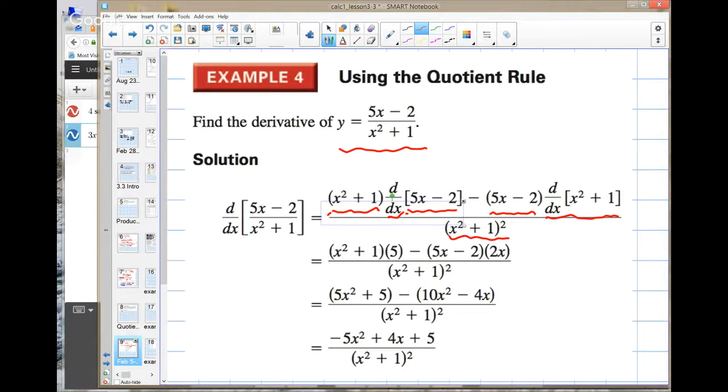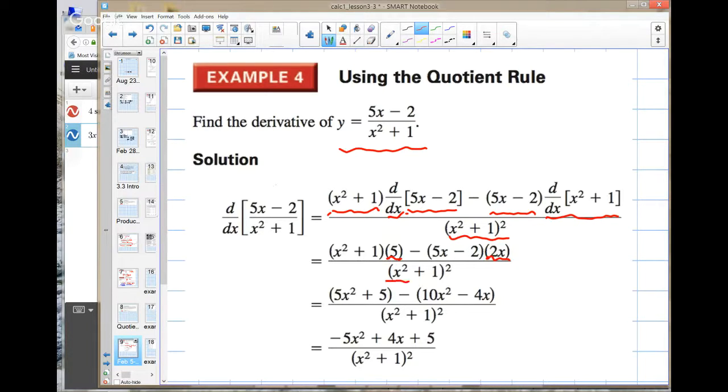So this is literally whacking away with that rule. Of course, it simplifies in some cases. The derivative of 5x minus 2 is just a 5, so that's nice. And the derivative of x squared plus 1 is just a 2x, so that's nice.